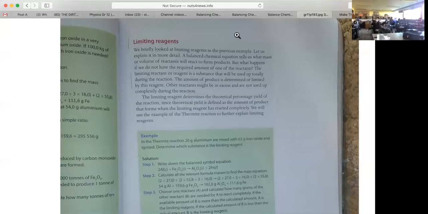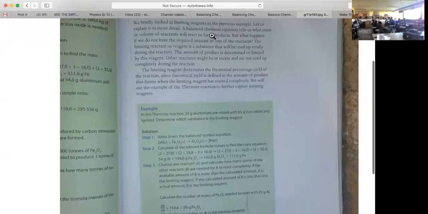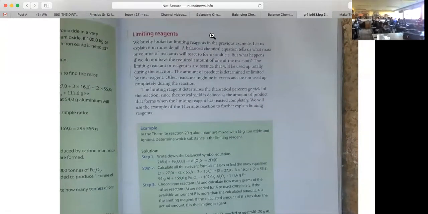Okay, so here we've got on page 193 of your textbook, we've got a very exciting reaction here. Okay, thermite. Now, what is thermite? It's like gunpowder, but it's a lot of fun. Don't ever do this at home, folks.